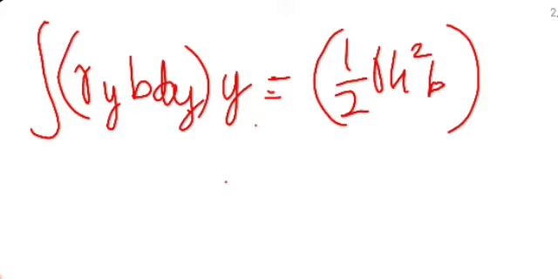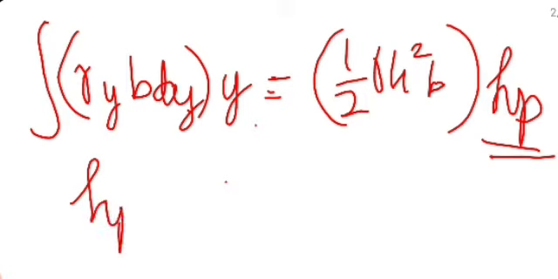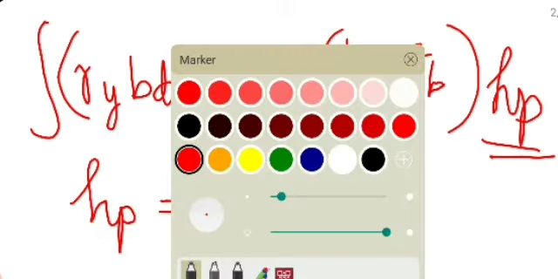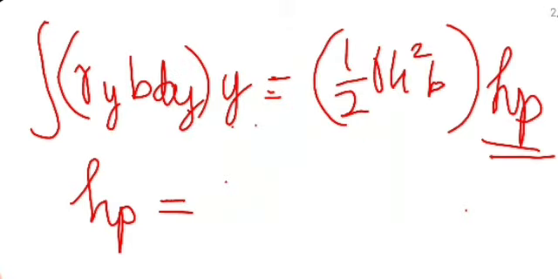And it is acting at some depth which we have to find. It is the center of action of the total pressure, HP. So we have to find what this HP is. From this we get HP as gamma y square dy. On integrating, y square gives y cube by 3, and here we have a 2.